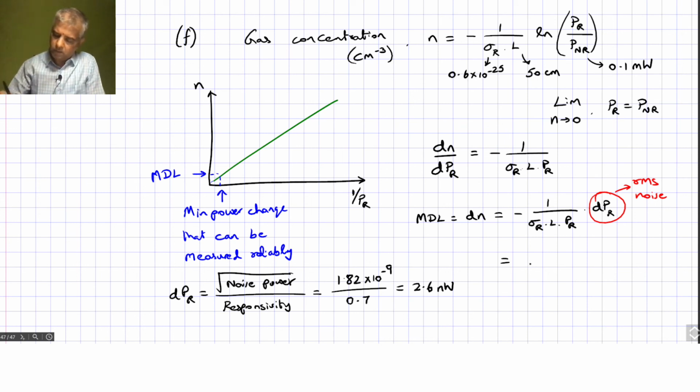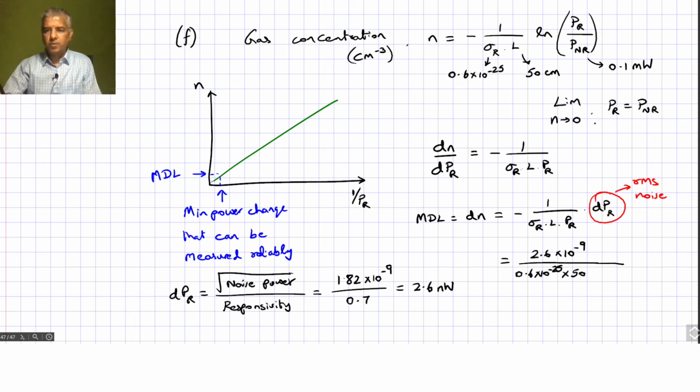Okay. So, now we can plug this over here. We know all the other values. So, this is 2.6 into 10 power minus 9 divided by 2.6 into 10 power minus 25 multiplied by L, which is 50, multiplied by PR, which is in the limit of n tending to 0, because that's the limit that we are interested in.